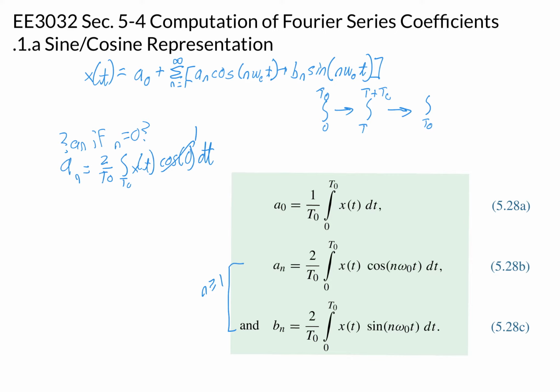So you end up with 2 times 1 over t0, the integral of x of t dt. So we end up getting twice the actual a0. So that's why we can't just use this formula for a0. We need a slightly different formula, but it almost works. The only difference is a factor of 2.